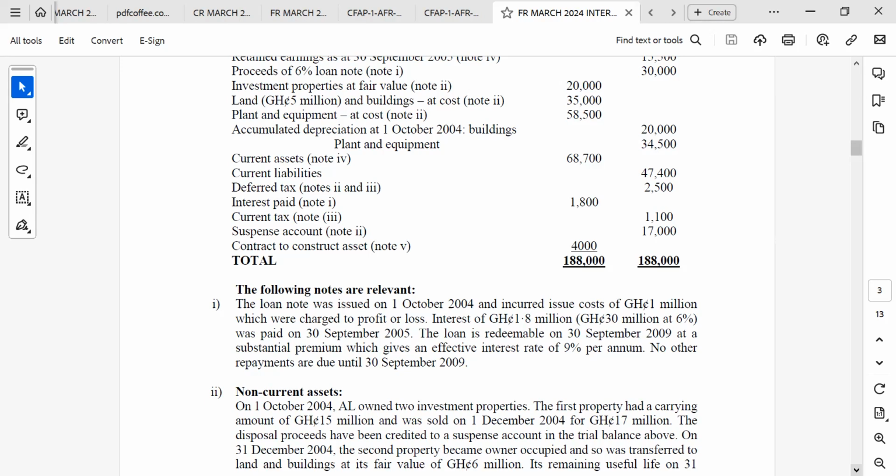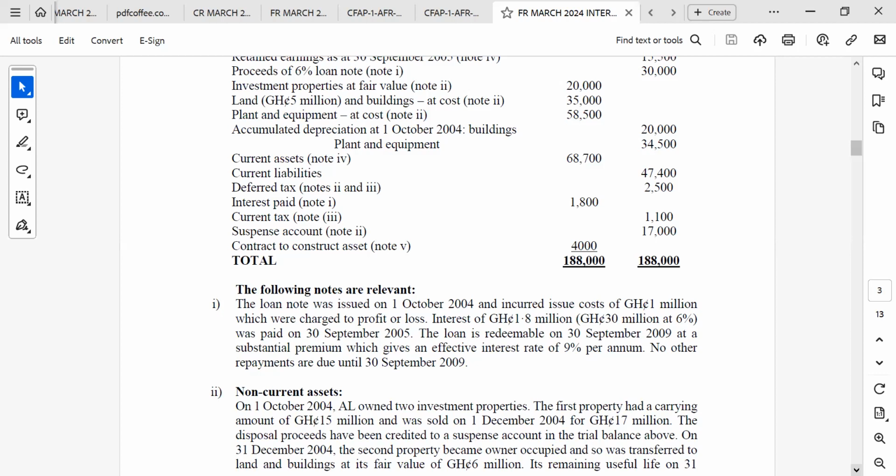No other repayments are due until 30 September 2009. Okay. So as soon as they are giving you this particular transaction, it means that it hasn't been accounted for in the correct manner, isn't it?